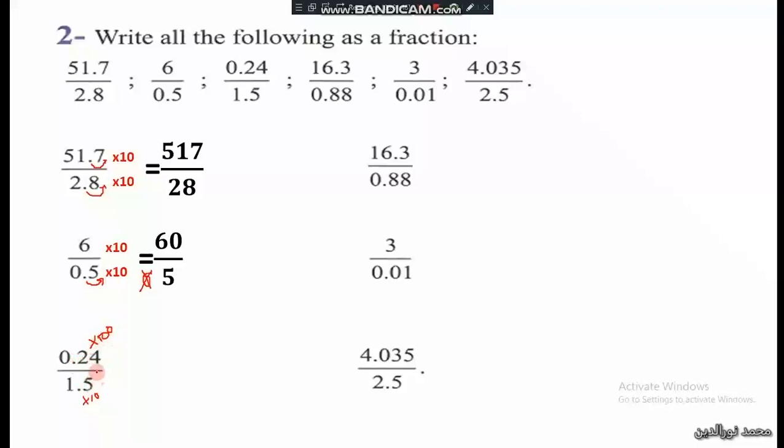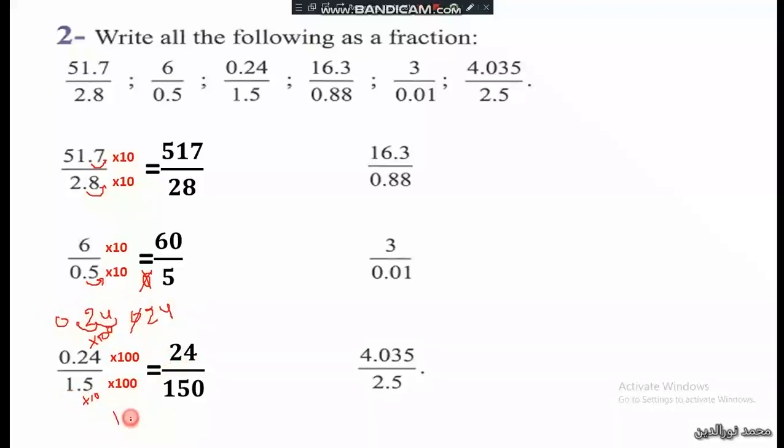So we multiply both terms by 100, and then here we have 0.24, and then we move the decimal point one step, 2 steps, and it becomes 24. The 0 is not useful, 24 over 1.5.